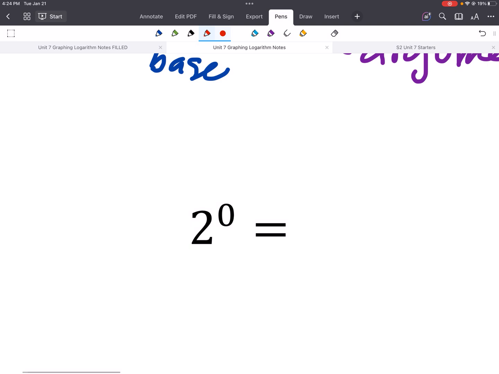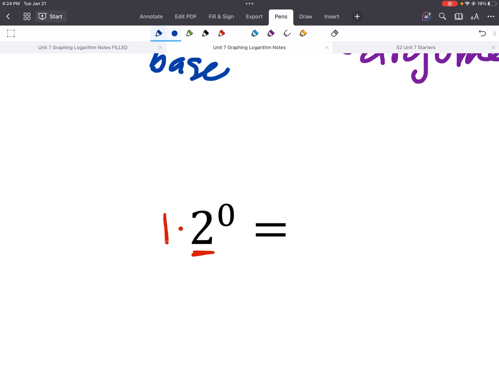So one thing we need to remember here is that we always have a coefficient out in front, okay? No matter what. Even if it's just 0, you could have a coefficient in front of that, okay? Or if you just had x, we could put a 1 out in front, okay? So there's always a coefficient in front of any base. So again, in this example, it would have to be a 1.